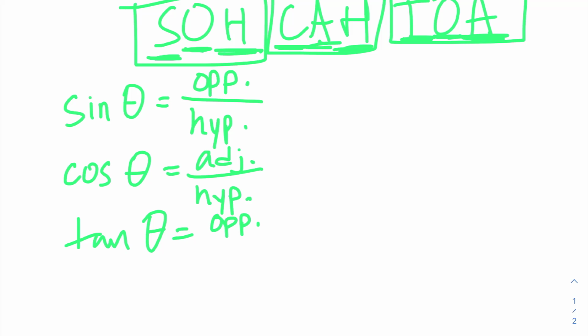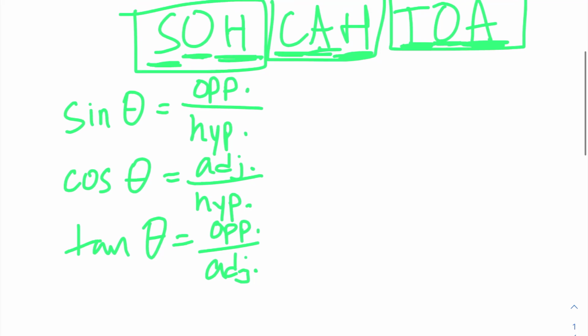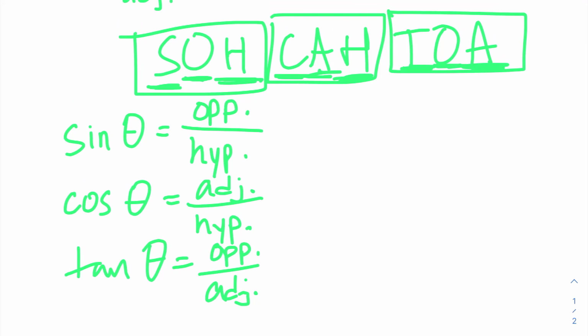And the A stands for adjacent. So that's a cool way to help us remember that sine theta is equal to the opposite over the hypotenuse, cosine theta is equal to the adjacent over the hypotenuse, and tangent of theta is equal to the opposite over the adjacent.